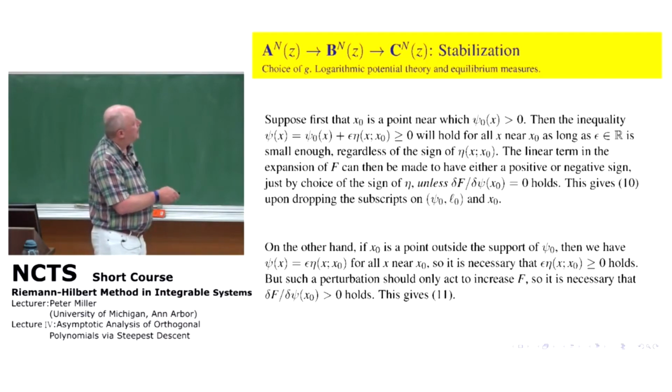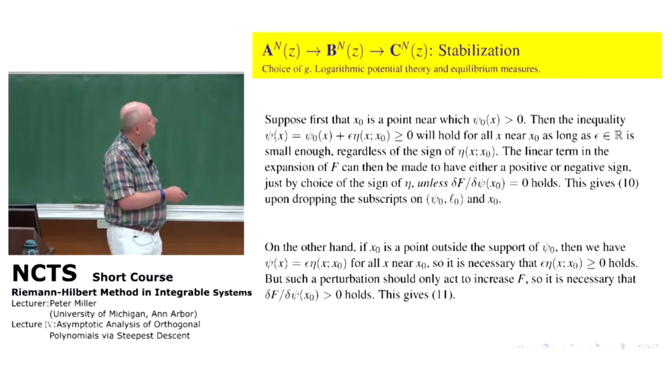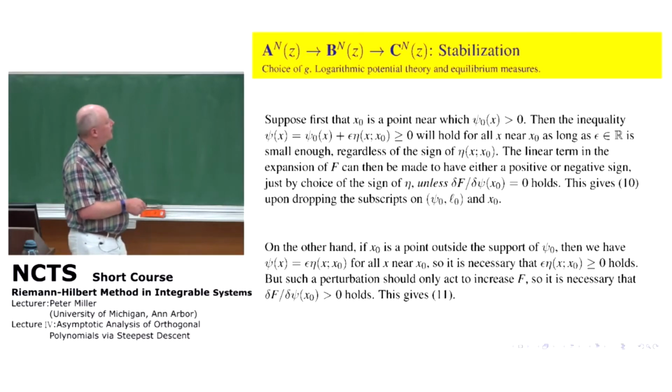On the other hand, if x naught is a point outside the support, then we have that psi of x is epsilon times eta for all x near x naught, since the psi 0 term is gone. And so now we need this to be positive. So the test function eta has to be positive when we multiply by epsilon.